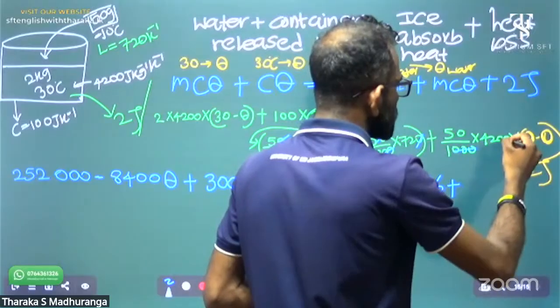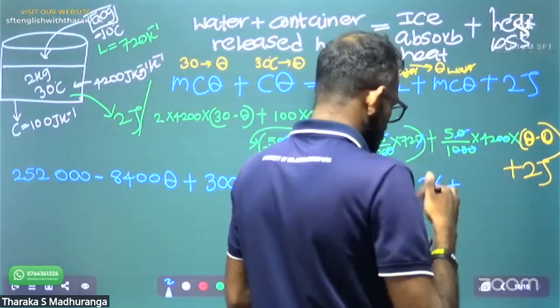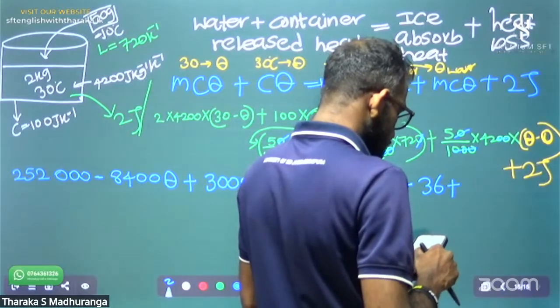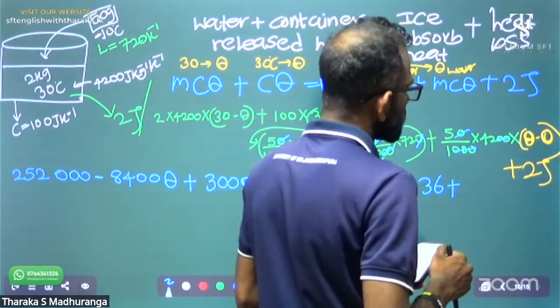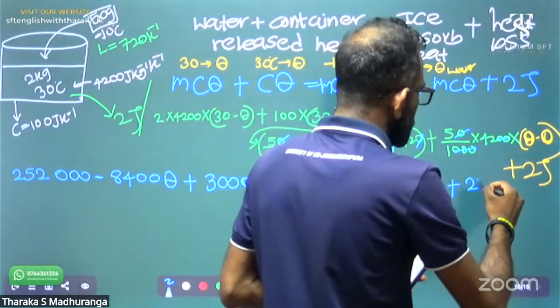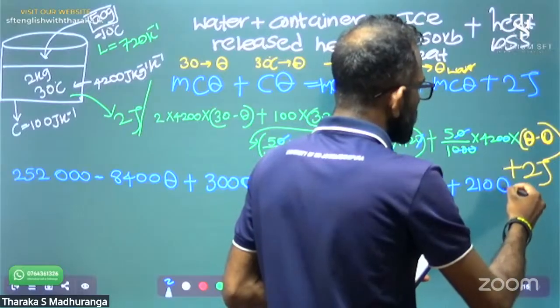Plus 30 and 30 cancel. 42 into 5 is 210, so 210 theta.